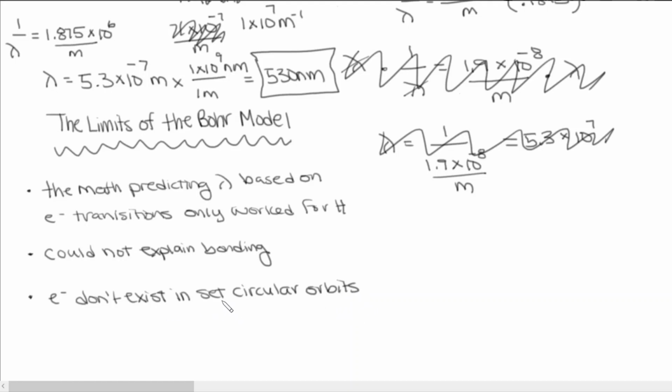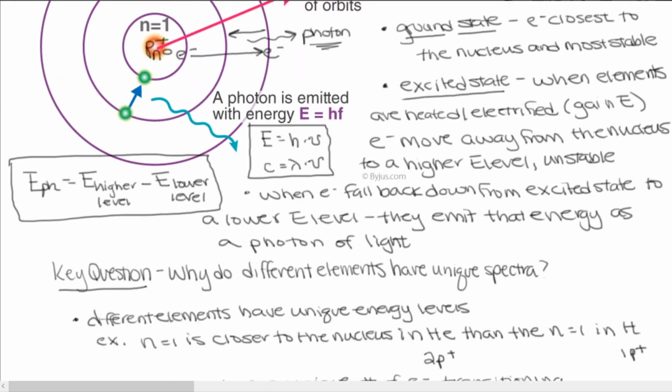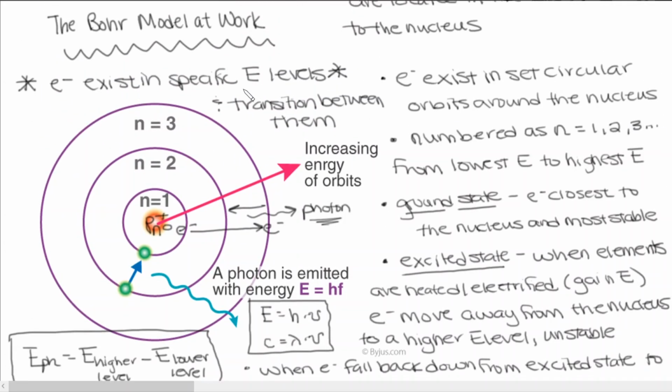In fact, electrons are constantly moving, and they are moving as waves. And so we can't put them in these discrete set circular orbits, as Bohr did. So you're like, why did you just make me listen to that whole lecture? Well, the idea that electrons have certain amounts of energy and that electrons exist in energy levels, like we were saying up here, electrons existing in specific energy levels, that is still correct, okay?